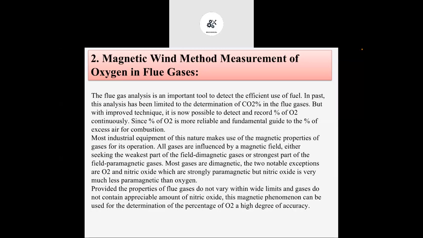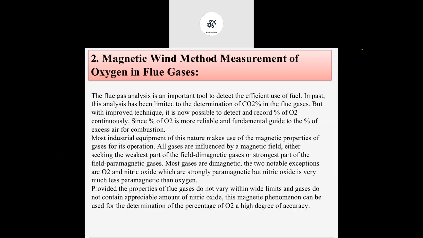Weakly paramagnetic and strongly paramagnetic mean this: if you apply the magnetic field near that gas flow, the nitric oxide will be less attracted by the magnetic field, whereas oxygen will be strongly attracted toward it. We will use this difference to separate oxygen from the nitric oxide.